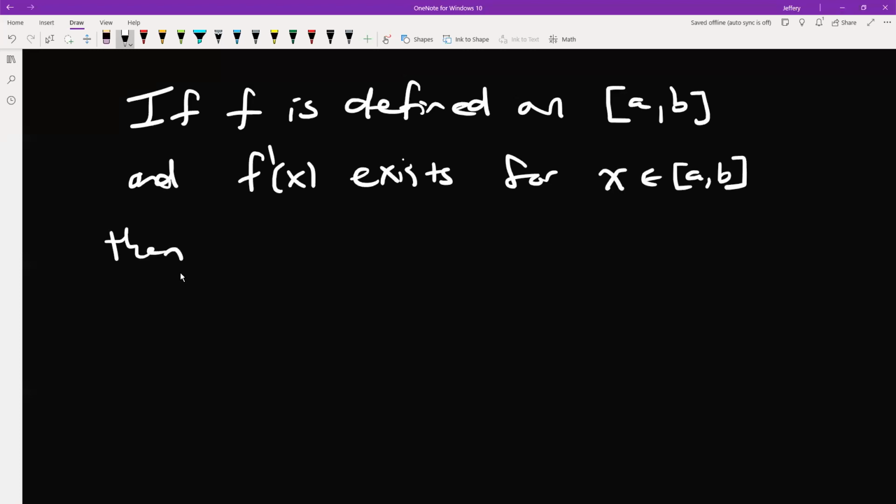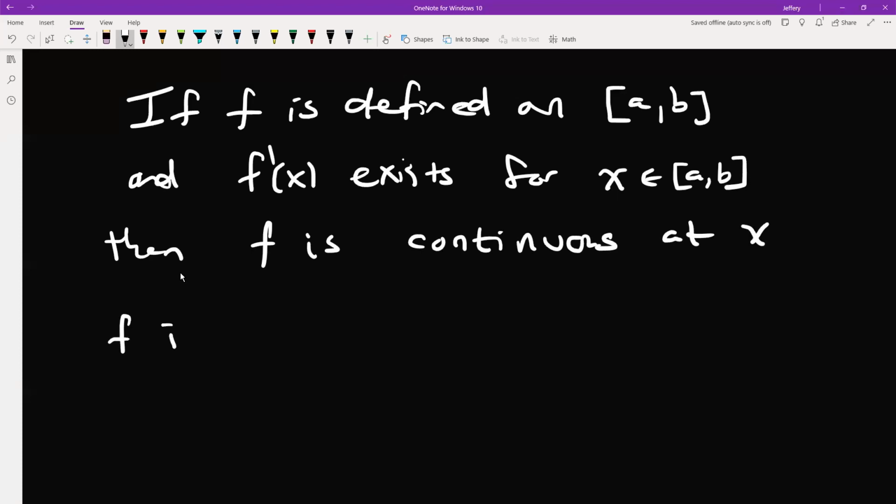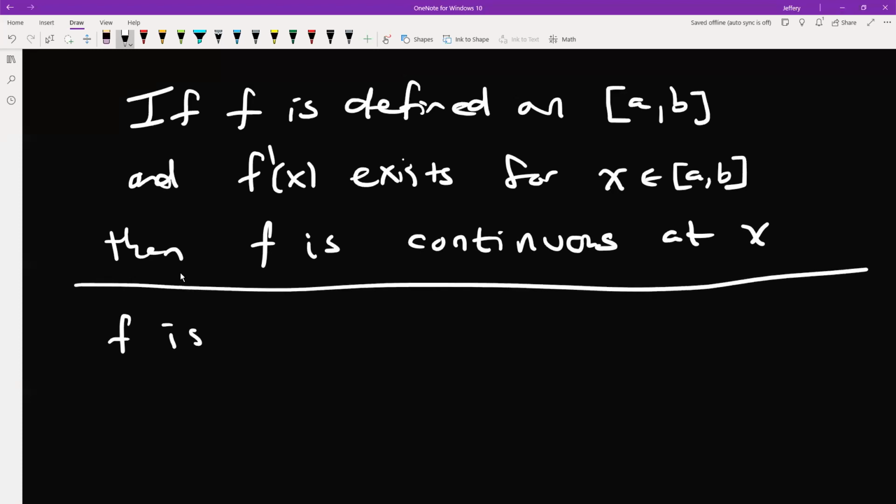Yes, it has to, because that's the statement. Then f is continuous at x. So this is true. We just proved it.